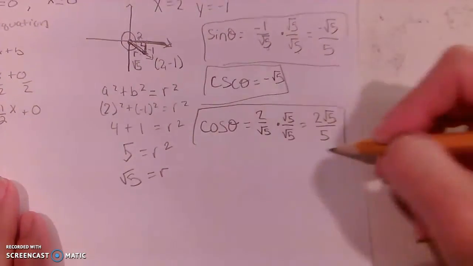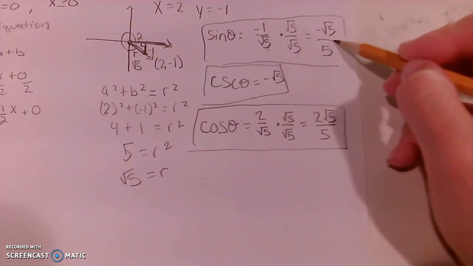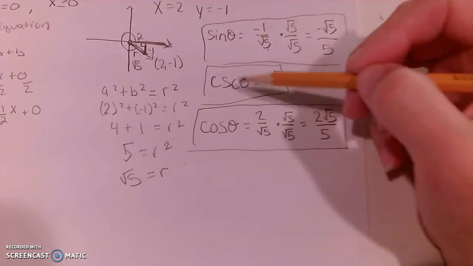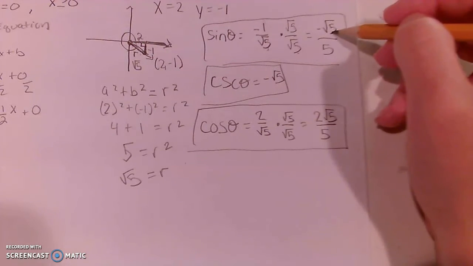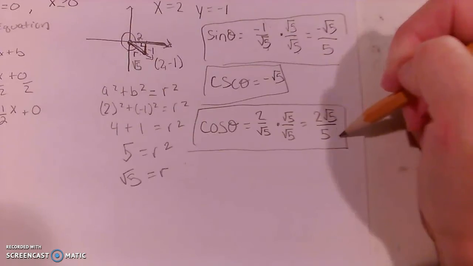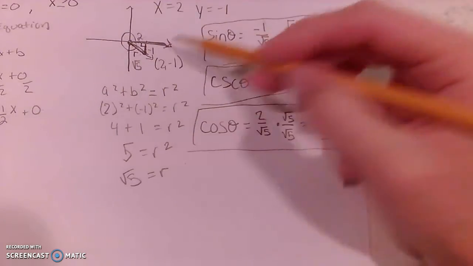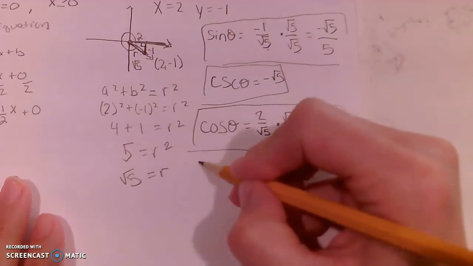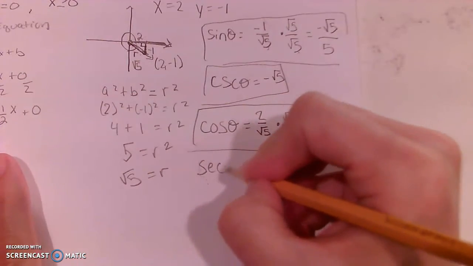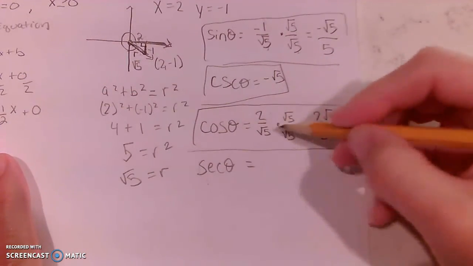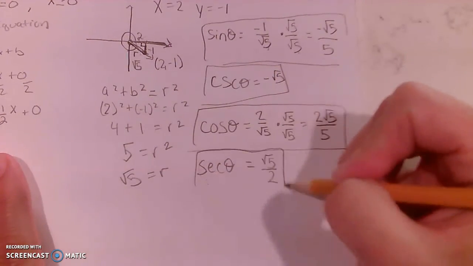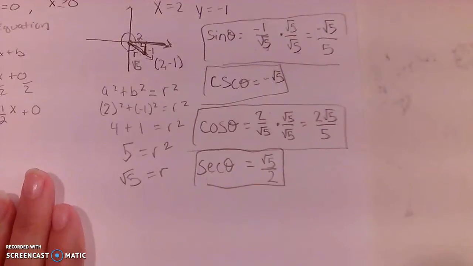Note, sine is negative in quadrant 4, so the y value is negative. You should have a negative value here. Cosine, and we're going to talk more about this in the next video, is positive in quadrant 4 because the x is positive. We'll get more into that. Cosine's reciprocal is secant. Secant theta equals, now just flip these, root 5 over 2. It's that easy. Secant is positive when cosine is positive because they are reciprocals.